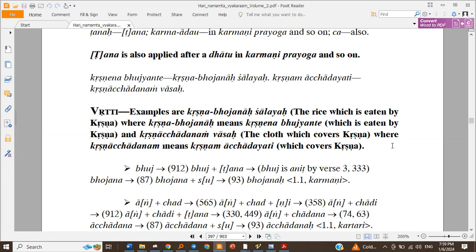Krishna chadanam vasah, the cloth which covers Krishna, where Krishna chadanam means Krishnam achadayati. So in Krishna bhojana shalayah, it's the tritiya. In Krishna chadanam vasa, it's the karmani prayoga and so on.